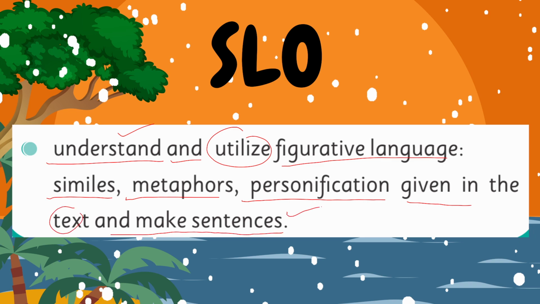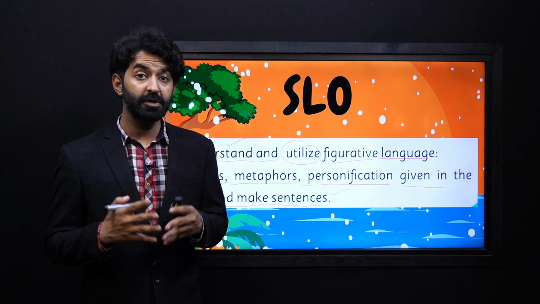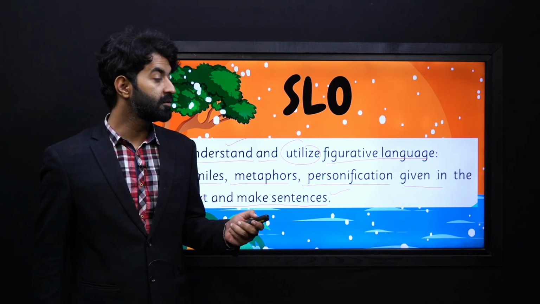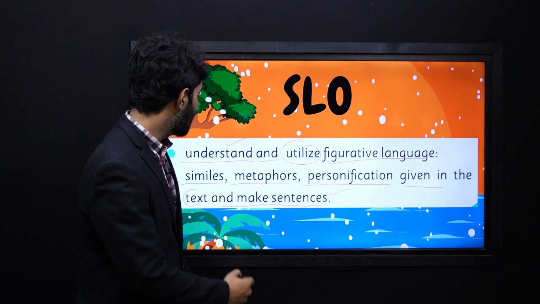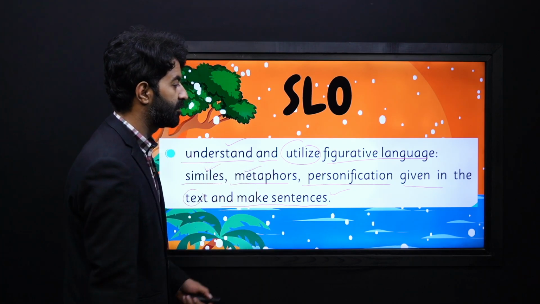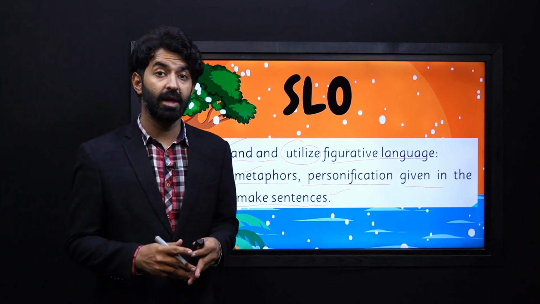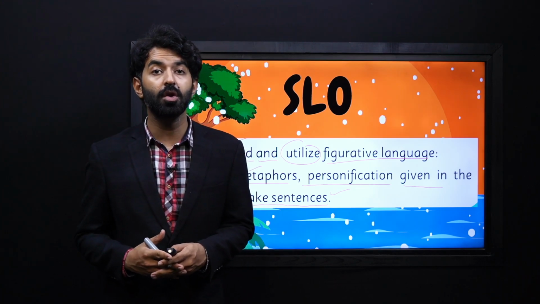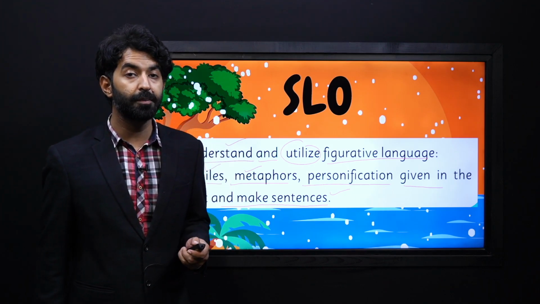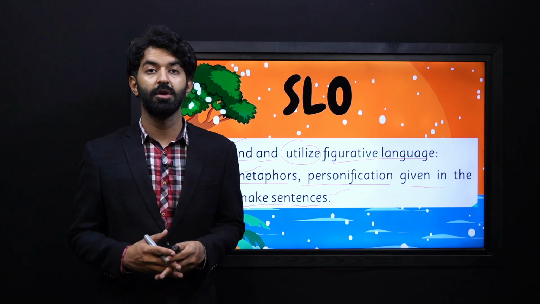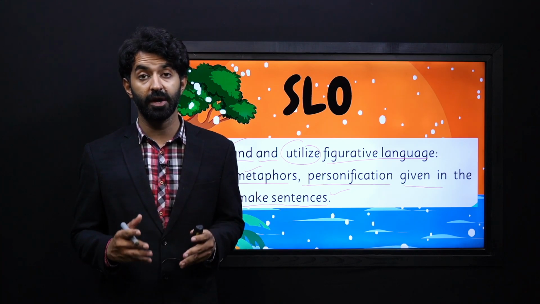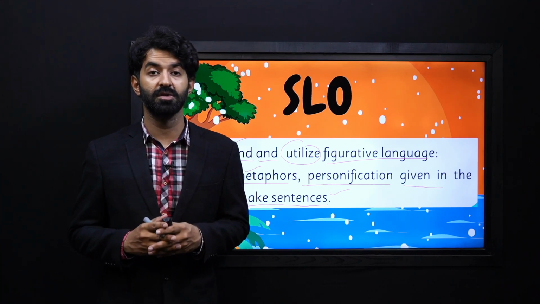So, figurative language, and specifically we are going to deal with all these figures of speech mentioned here: similes, metaphors, personification given in any text, whether it's fictional or non-fictional, and we will be also making sentences using these mentioned figures of speech. Now this is our students learning outcome.